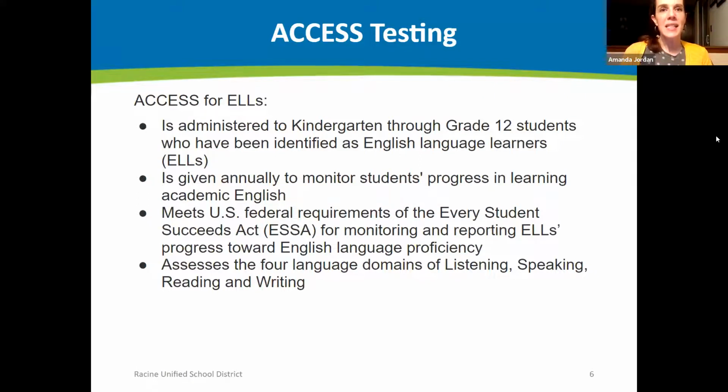It is currently being given as we speak in Racine Unified School District to our ELL students. It is put onto our schedule and runs through typically about a 6-week period. And so the ELL students work on the ACCESS test to demonstrate where they are in their English language learning, and they then receive a score on a scale of 1 to 6 with their English language skill.